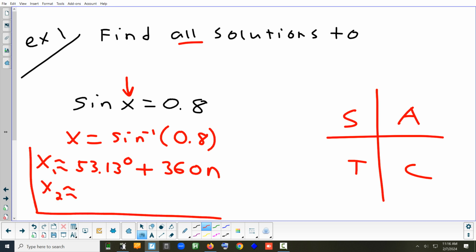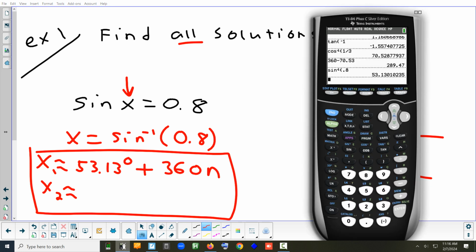We need to subtract the number that we got from the calculator from 180. Each second solution needs to be in the second quadrant, because we're looking for where sine is positive. So it's 180 minus 53.13. How do we know if it's 180 or 360 again? So 126.87.